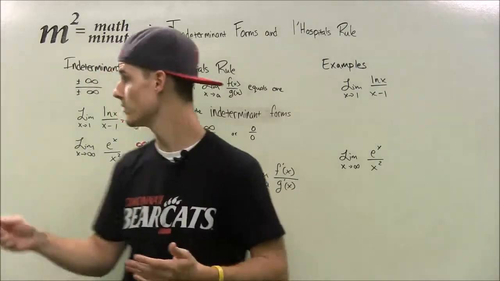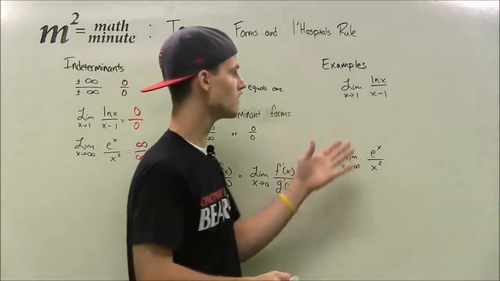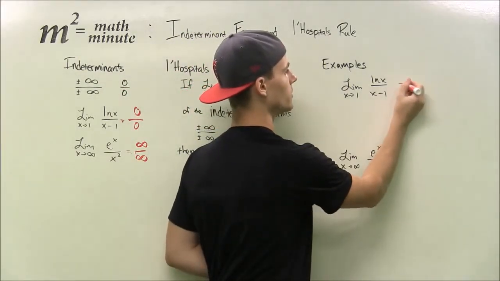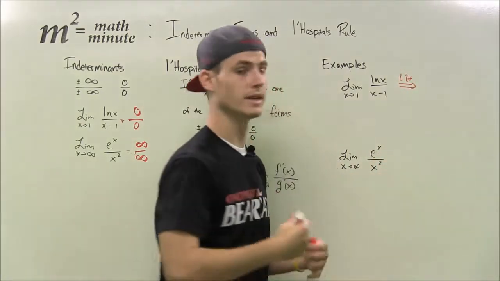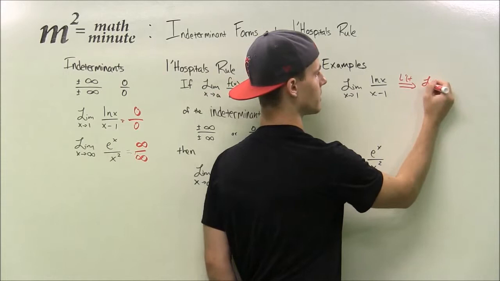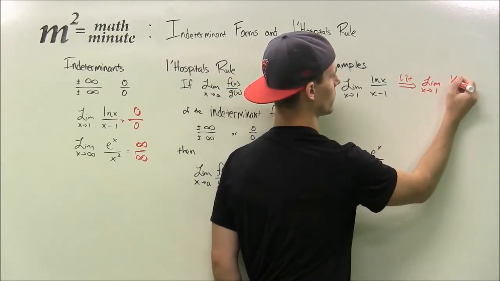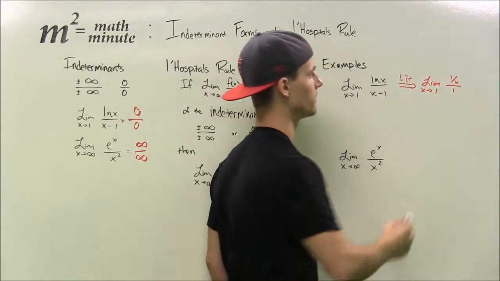I'll show these examples of these two that actually gave us indeterminate forms, and we'll see how it works. In this case, we already know that this equals 0 over 0. So by L'Hopital's rule, this equals the limit as x approaches 1 of 1 over x over the derivative of x minus 1, which is just 1.